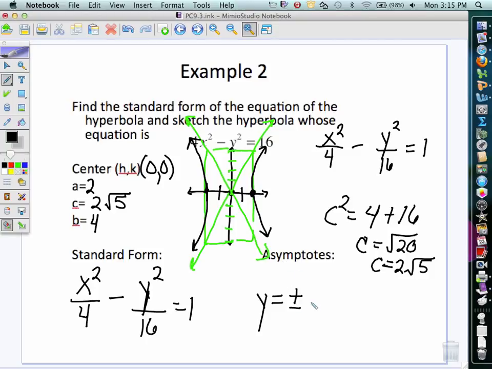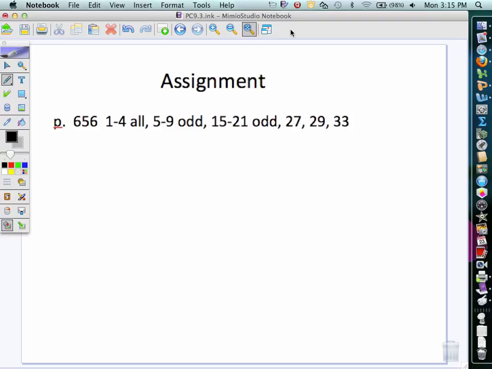Since it opens to the right and to the left, I use my b value of 4 over the a value of 2. Well, 4 over 2 is 2, and then x minus 0, or just x. Basically, this is the equation of both of those diagonal lines. And that's it. That's the hyperbola. And there's your assignment.